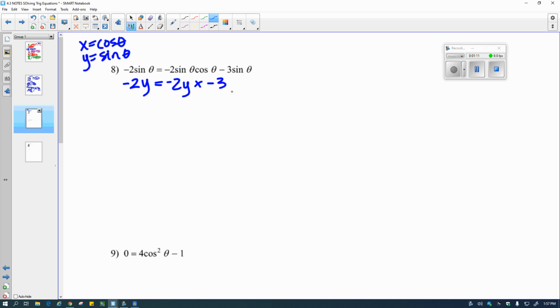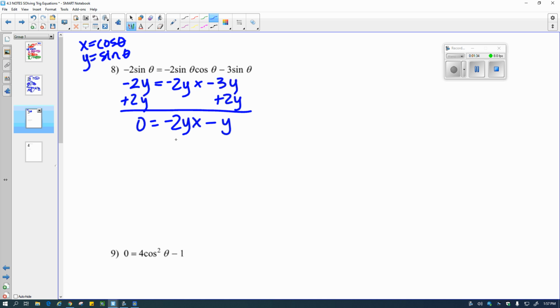And then I need to get everything on the same side of the equation. So I'm going to move the 2y over. So 0 equals negative 2yx minus y, 1y. And then I need to factor out anything that they share.